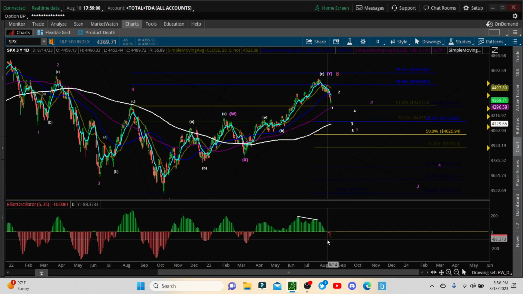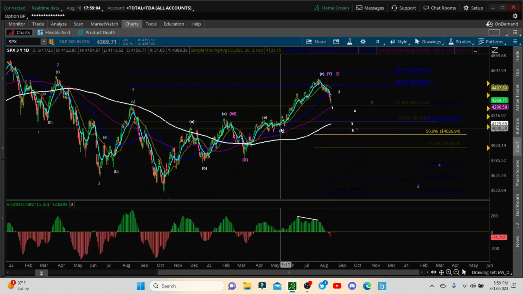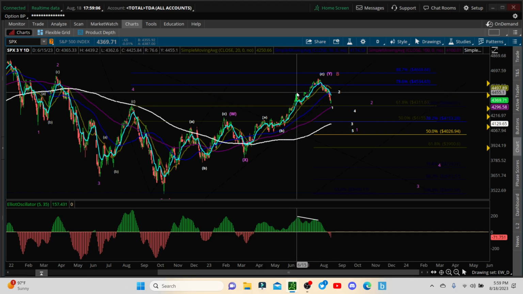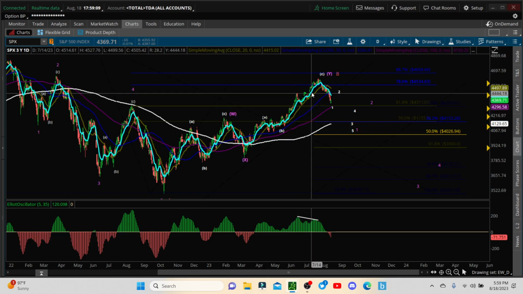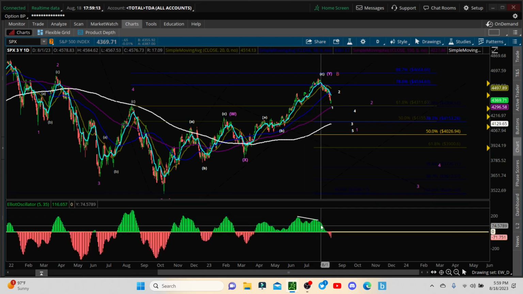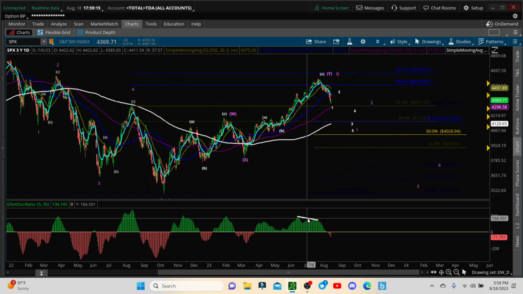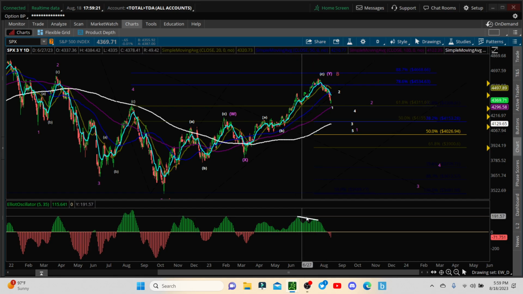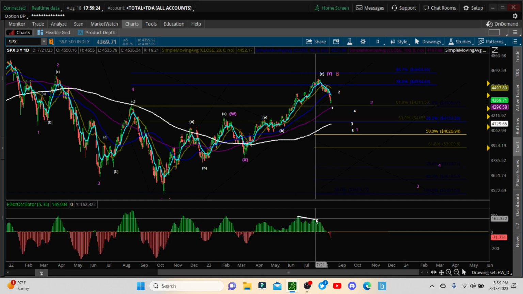So I'm just showing you this one because we have an oscillator here. You saw that we made a high at this point, consolidated, and made another higher high and a lower high on the oscillator. The only thing that the oscillator is telling us is that this might be a wave 5 ending. This might be another way to look at the end of a trend.